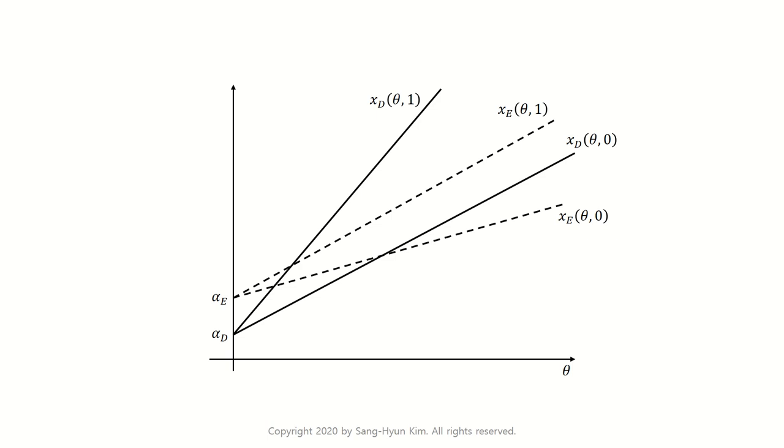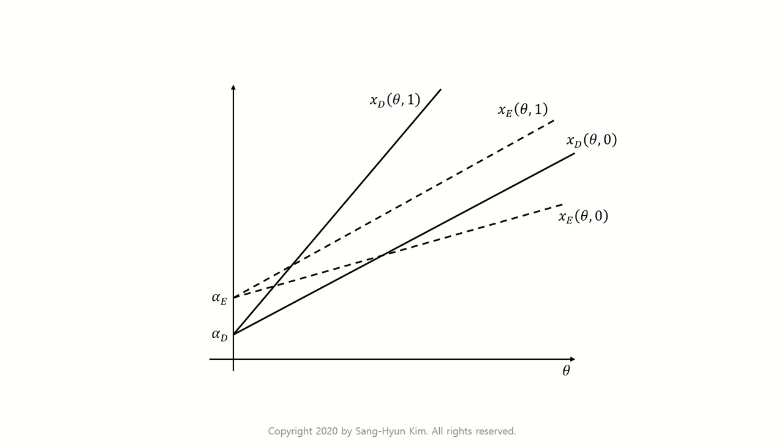So this is the output, depending on theta, which is talent. Depending on the agent's skill, I mean agent's ability, talent, the output is given by this. So this is the assumption. We assume the output looks like this.